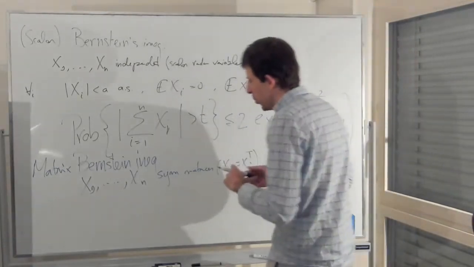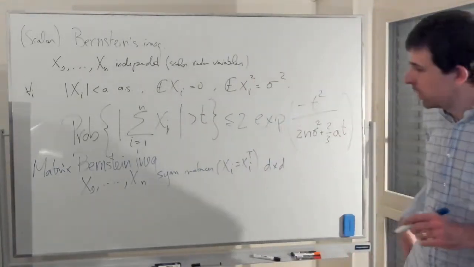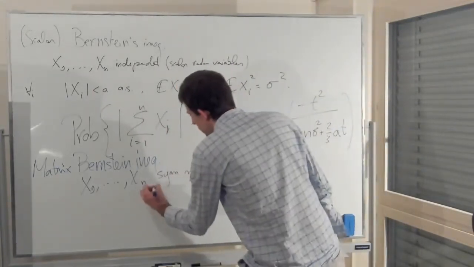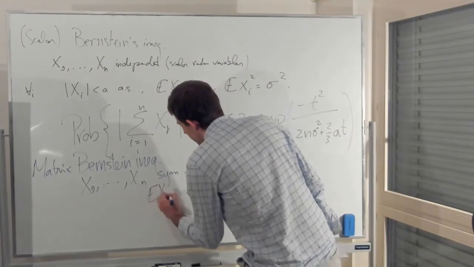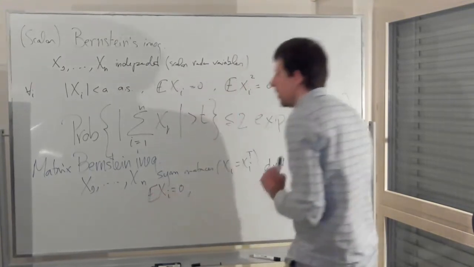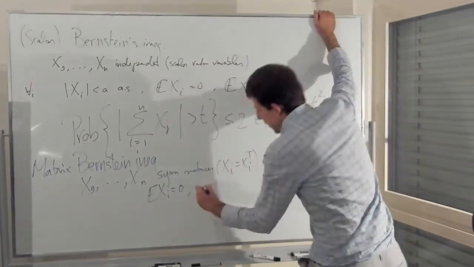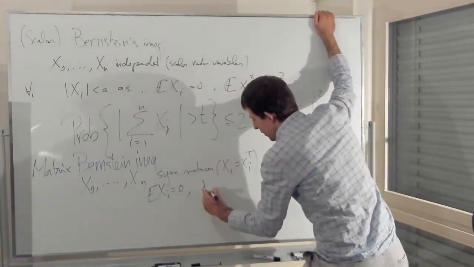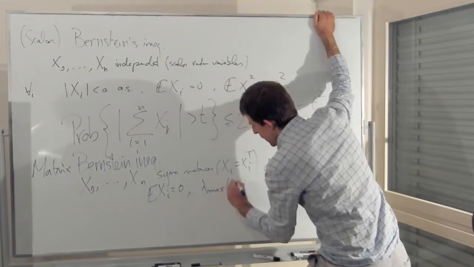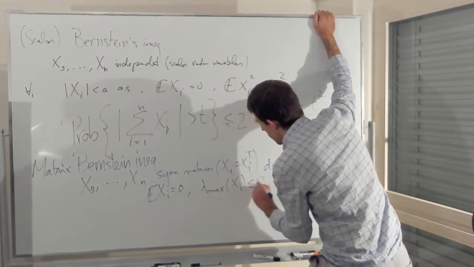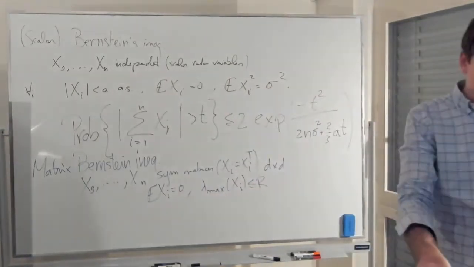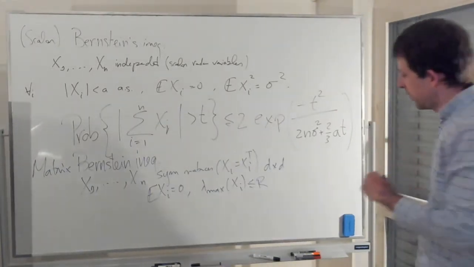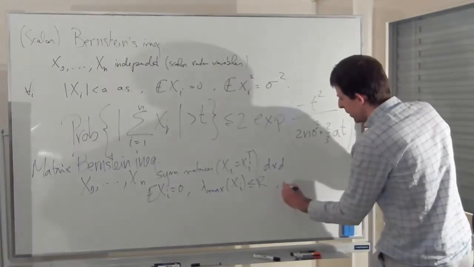So we'll have similar quantities as before, similar conditions. We'll ask that they're centered, that the expectation of xi is 0. We'll ask that they're bounded: the maximum eigenvalue of the xi's is bounded by the quantity r. And we'll have a slightly different definition for variance.